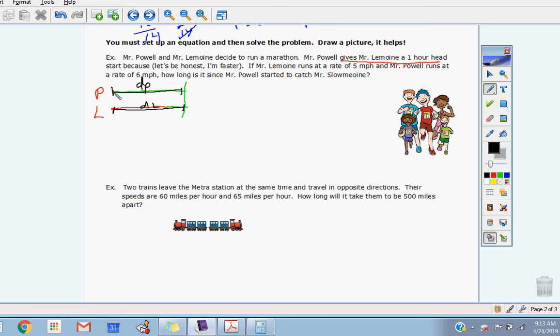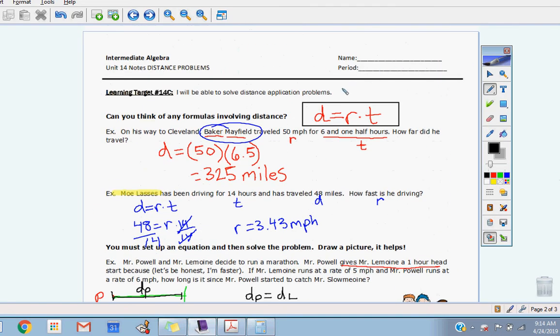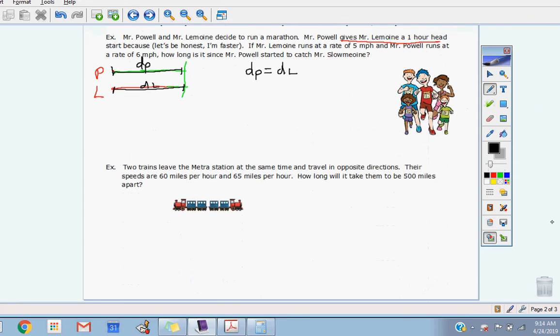Well, if it's a problem where we leave from the same spot and we catch the other person, that means that at some time, the distance Powell has run is the exact same as the distance Lemoyne has run. Now remember, everything goes back to the distance equaling the rate times the time.